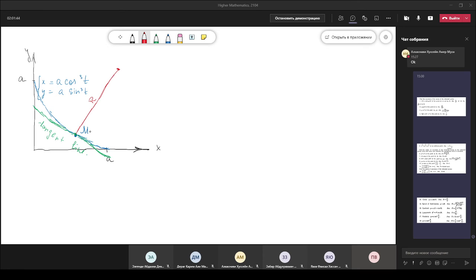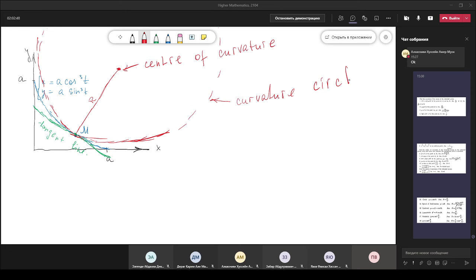We calculate it in this point, and after that we must plot the circle with this center, and this will be the curvature circle, the full circle.